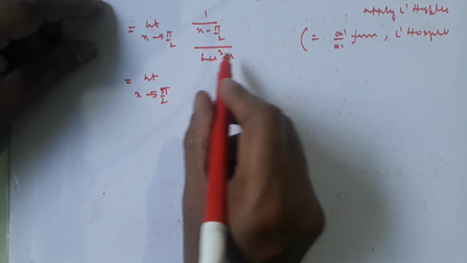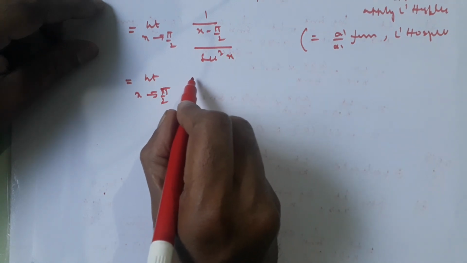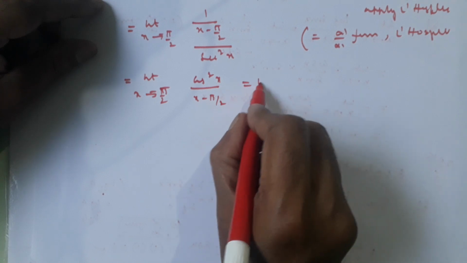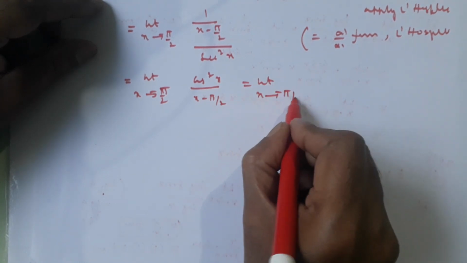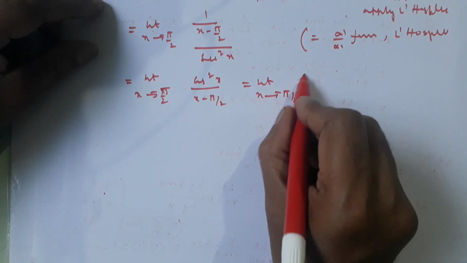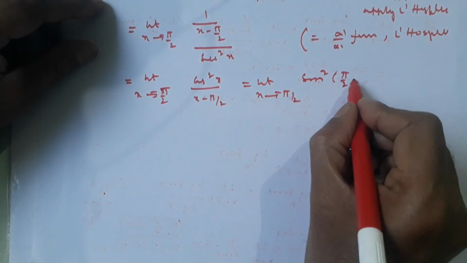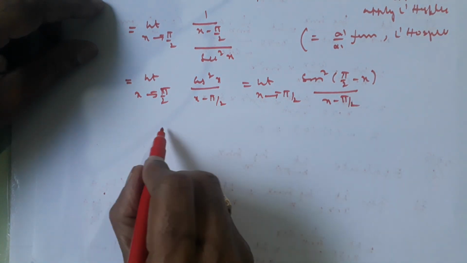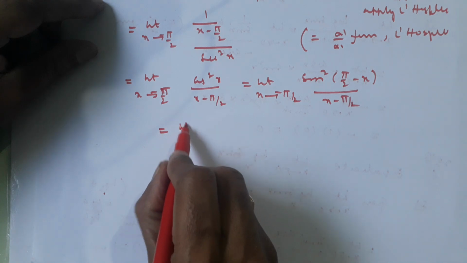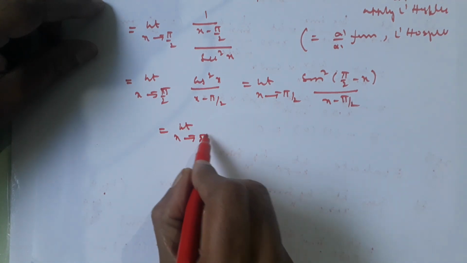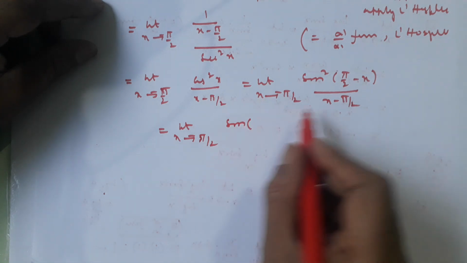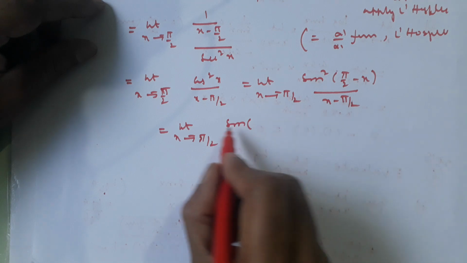So simplification first, then we will go on. It is cos square x divided by x minus pi by 2, equal to limit x tends to pi by 2 of sin square of pi by 2 minus x divided by x minus pi by 2. Taking the minus outside, sin of minus theta is minus sin theta.